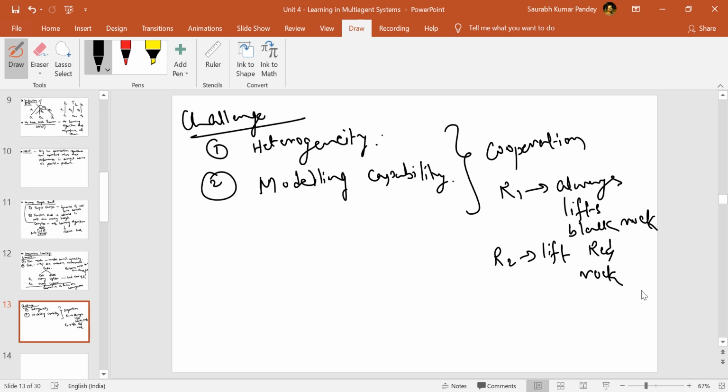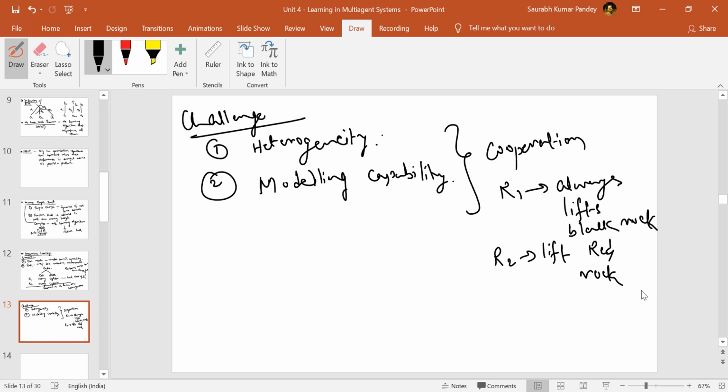R2 knows the information of R1 or vice versa. Based on that information, R1 is lifting the black rock and getting some payoff, some utility. Similarly, R2 is lifting the red rock and getting some utility payoffs.